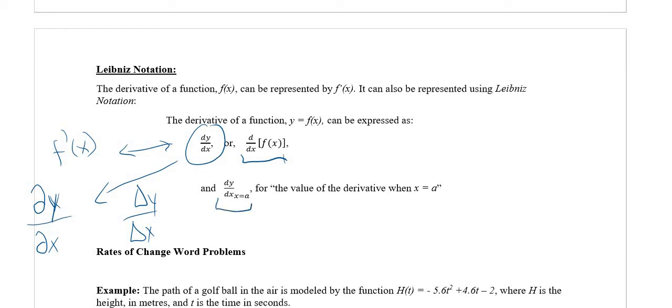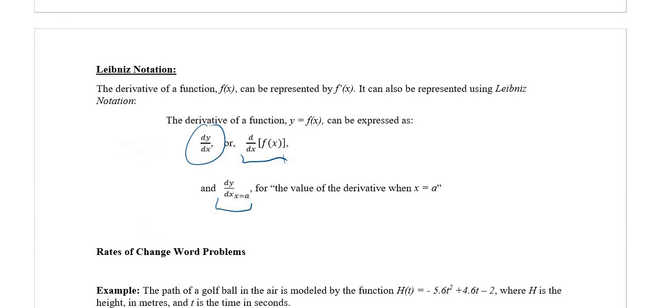Or our last option, if we're looking at a specific point, we could represent the value of the derivative when x equals a, or dy by dx at x equals a. All three of them work the exact same way, and they represent the exact same thing. But essentially, this was the notation that was being used by Leibniz when he created this.